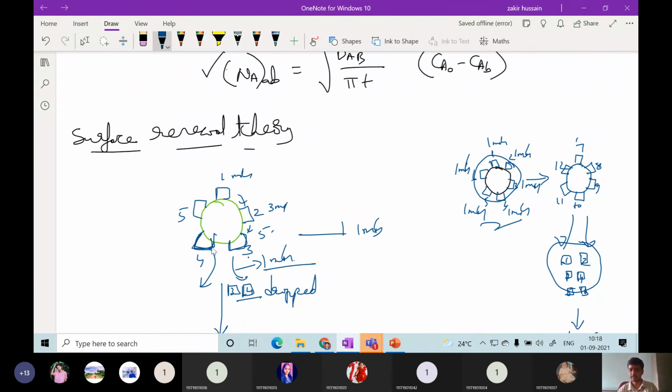So the fraction of surface which is replaced: 5 packets are there initially, 2 packets have been dropped, so 2 by 5 has been replaced. Like this we have to define the fraction of elements that has been replaced by the fresh elements. That is surface renewal theory. Is that clear? Surface renewal theory.